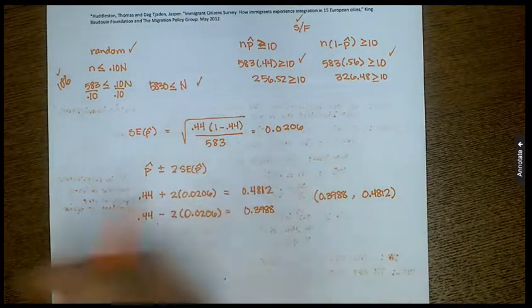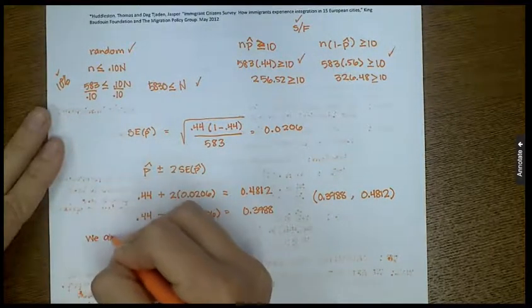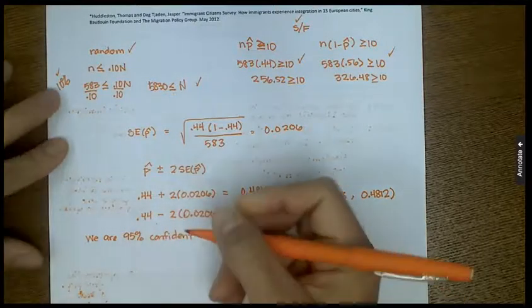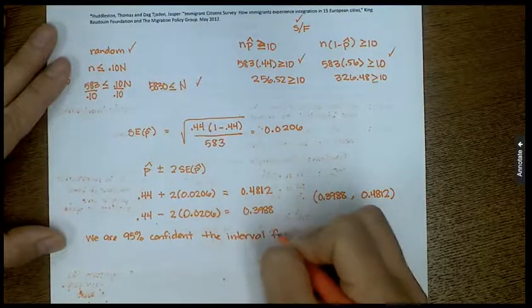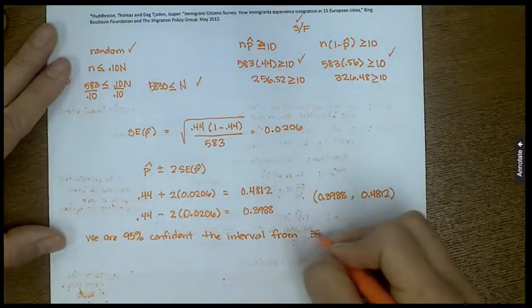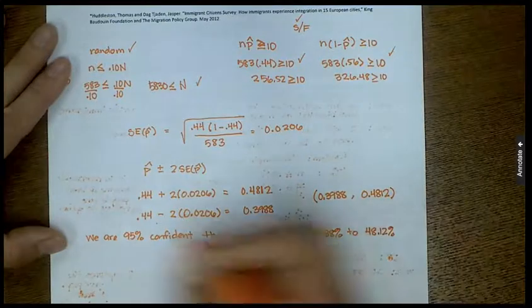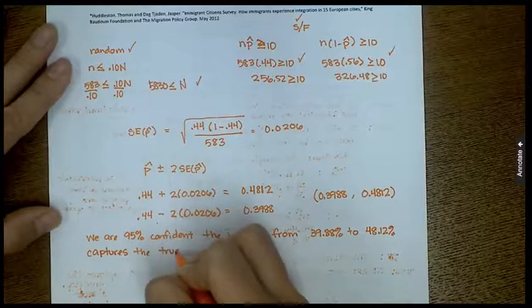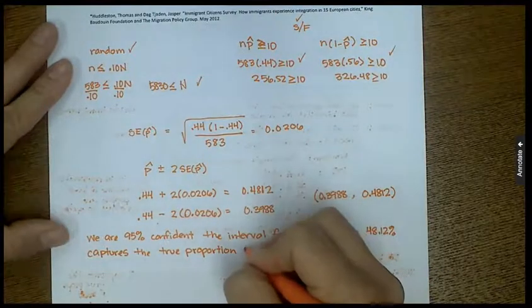So for my conclusion, we're going to say that we are 95% confident the interval from, and I'm going to write these as percents, 39.88% to 48.12% captures the true proportion of Madrid immigrants who are male.